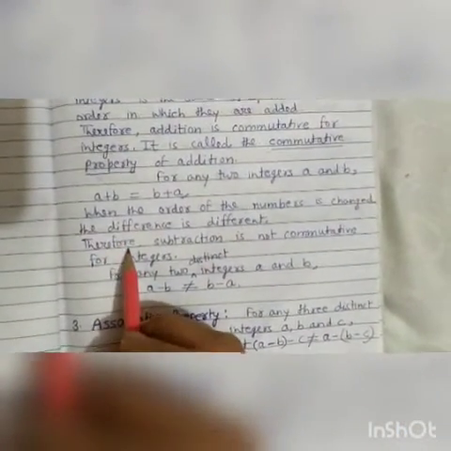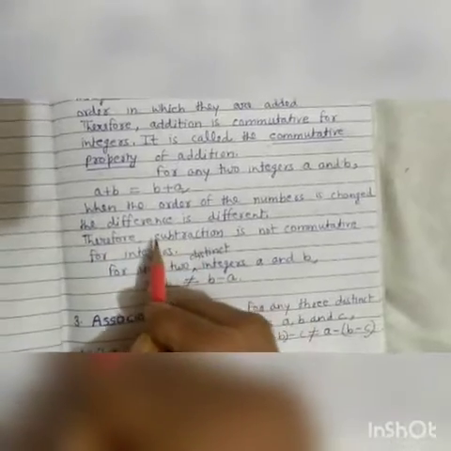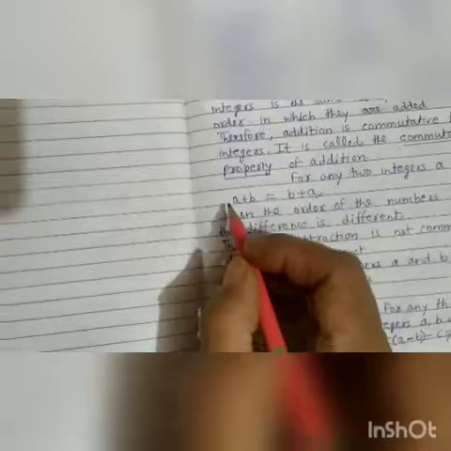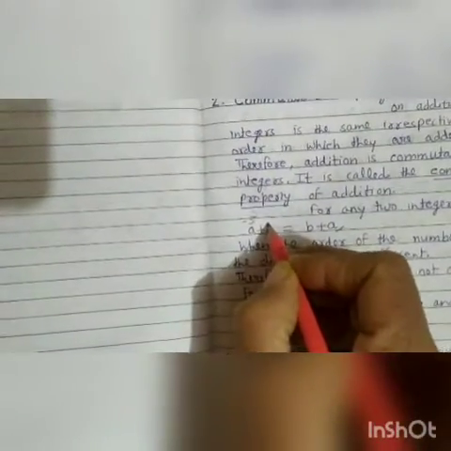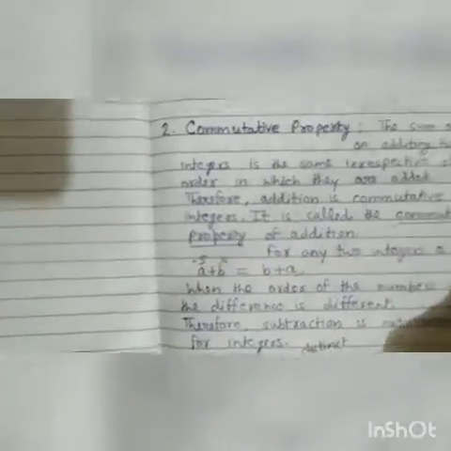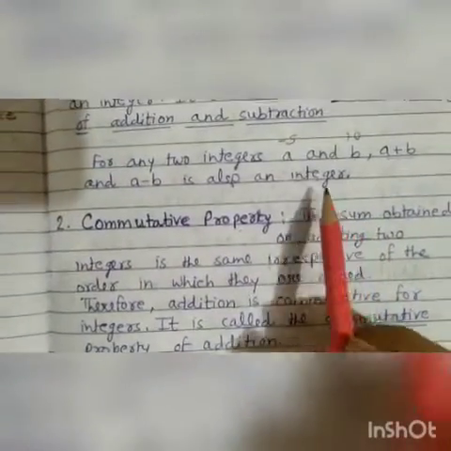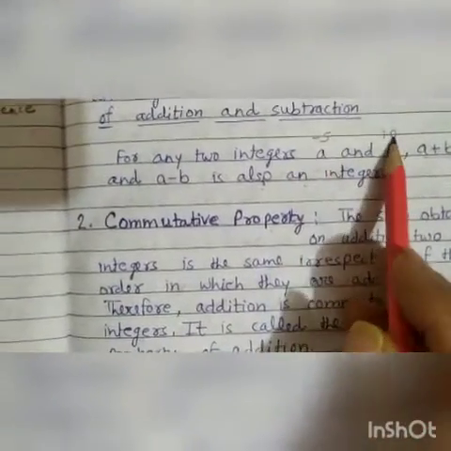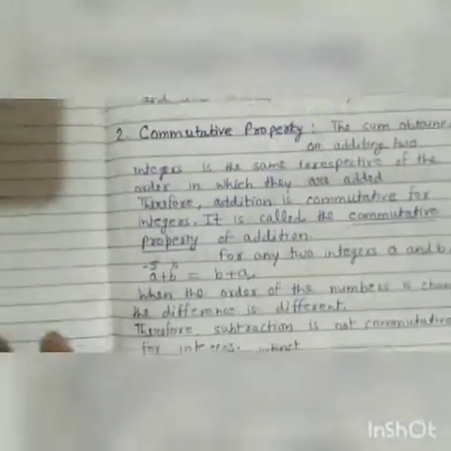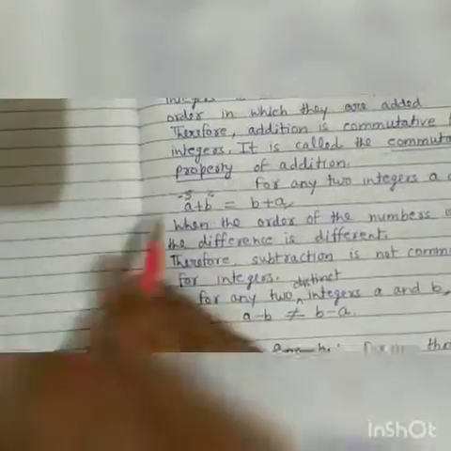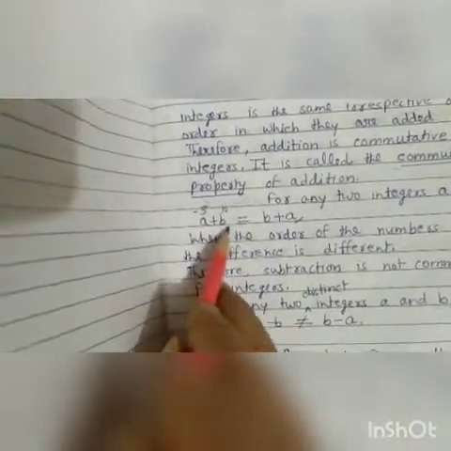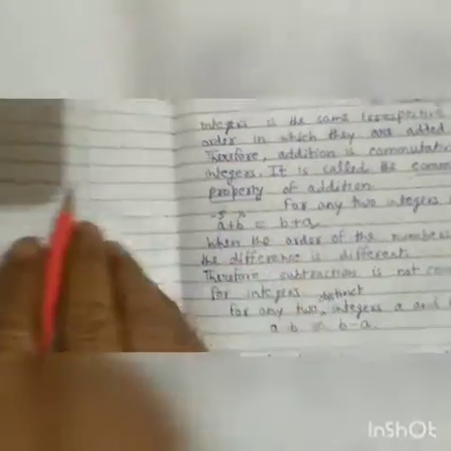But when we subtract, their difference is different. See, again we are taking a is equal to minus 5 and b is equal to 10, the same integers as we took here. Students, first we are checking the commutative property of addition.